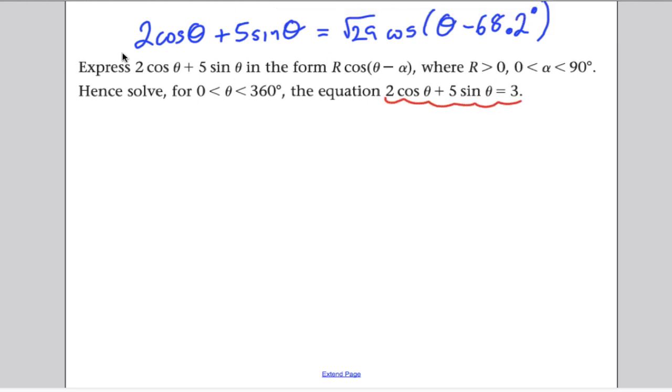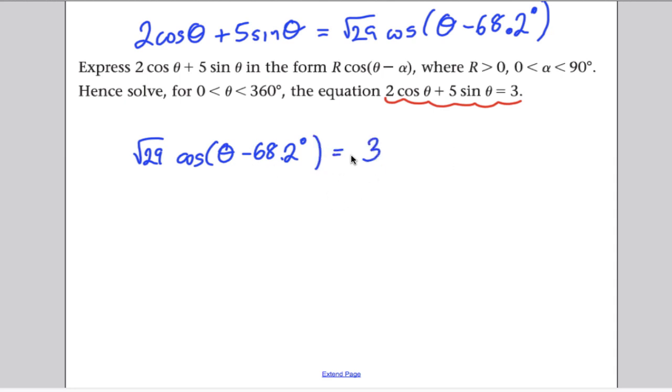Now, obviously, we've done the first part. We have worked out an expression for this. We've done that because maybe solving this expression equals 3 is easier, and it turns out it is. So solving this is the same thing as solving the square root of 29 cos of theta minus 68.2 degrees equals 3.